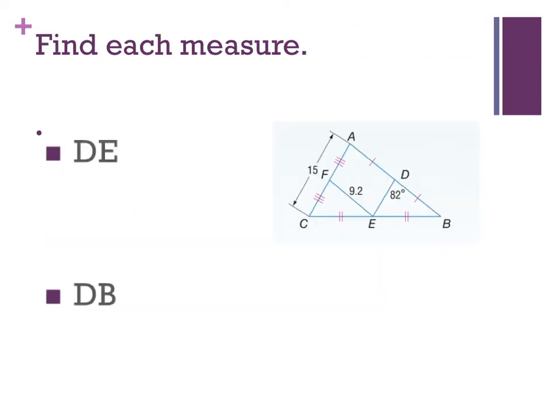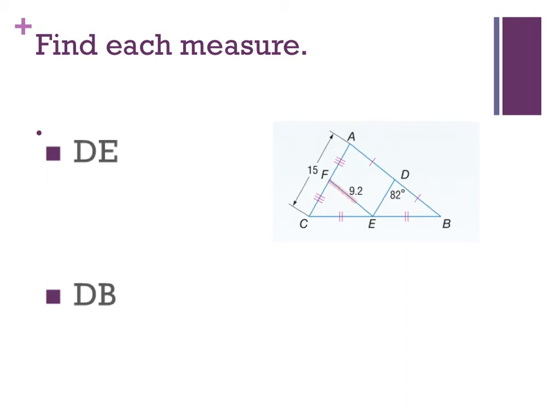Let's practice. Automatically this picture may look confusing, but the key thing to notice is that there's actually two different triangles going on here. The way you notice this is you pay attention to the midsegments, because if these lines are midsegments, then they must be parallel to the base.